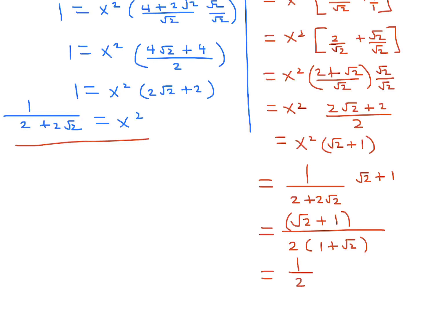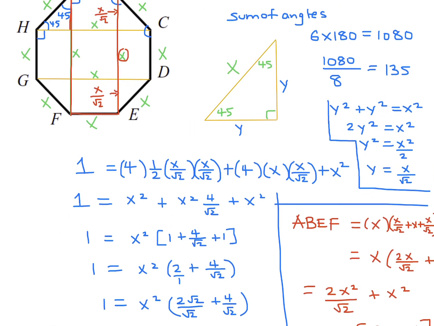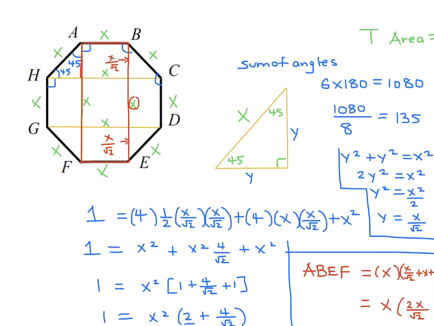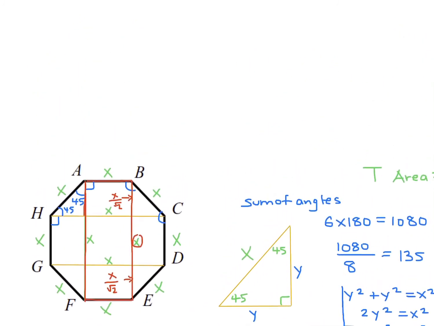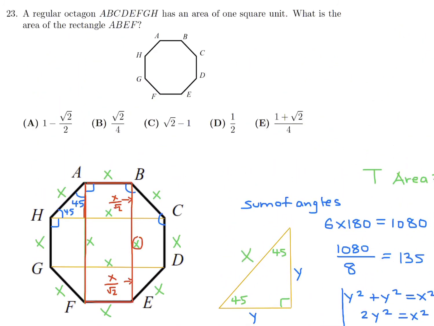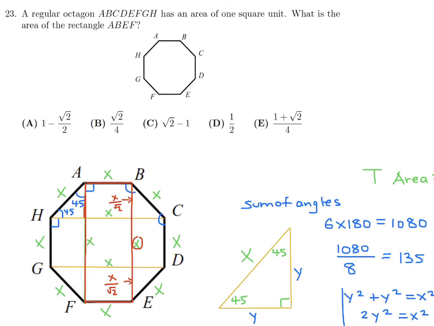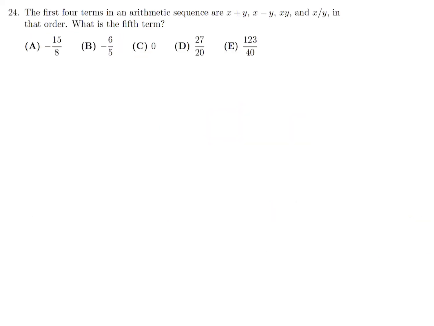So all you're left with is just 1 over 2. So that is the answer. 1/2 is the area of ABEF. Area of rectangle ABEF is 1/2. So therefore the answer to number 23 is D.